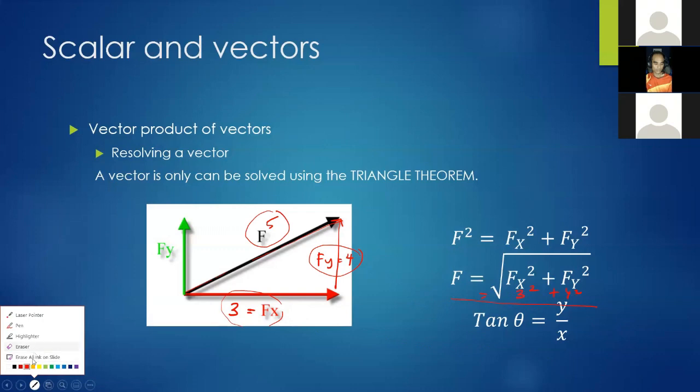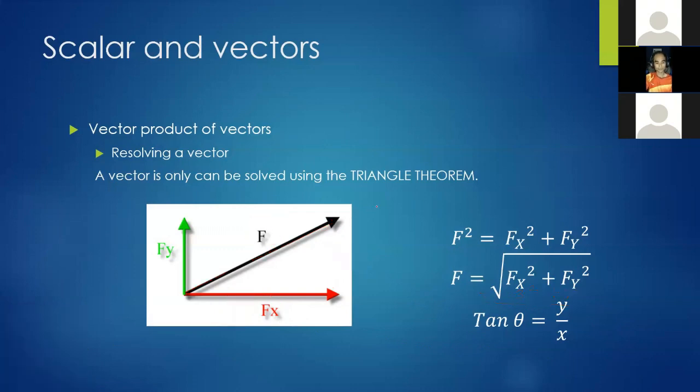Let's say here you have an angle of 30 degrees. Let's say here F is 10, this F, the black color, 10 Newton. So the question asks, how much is Fx?